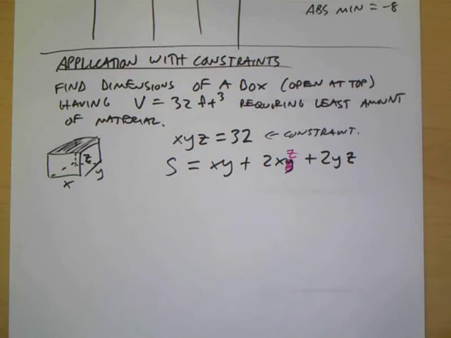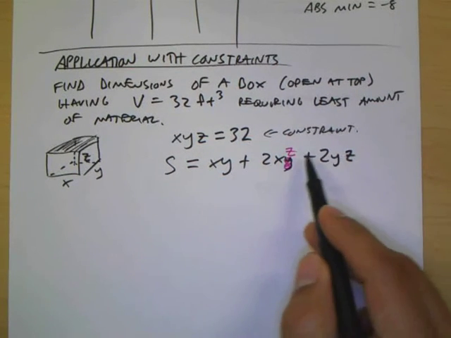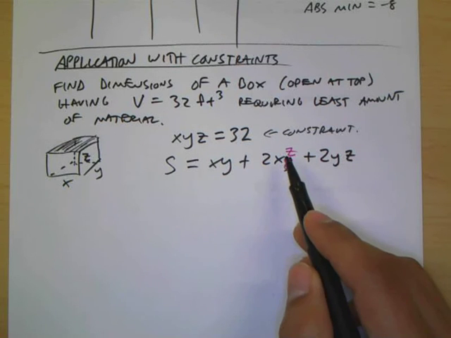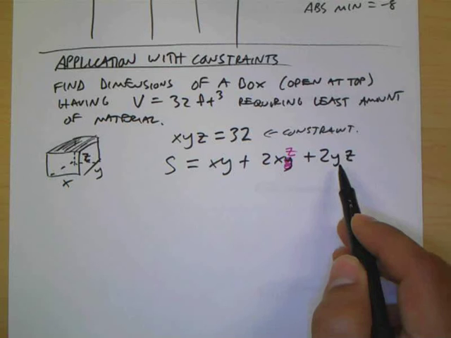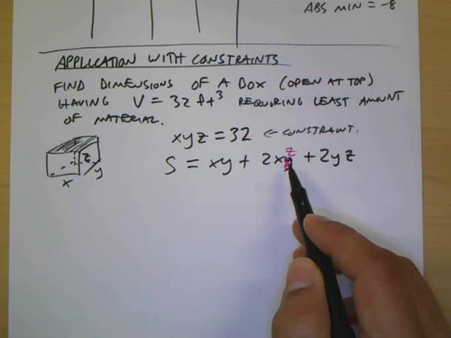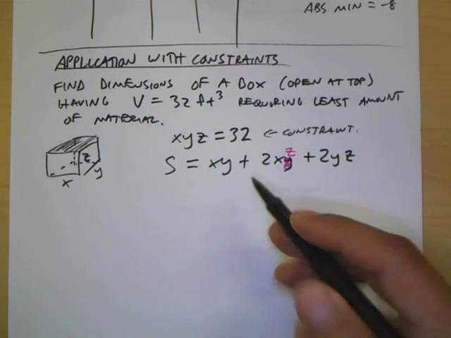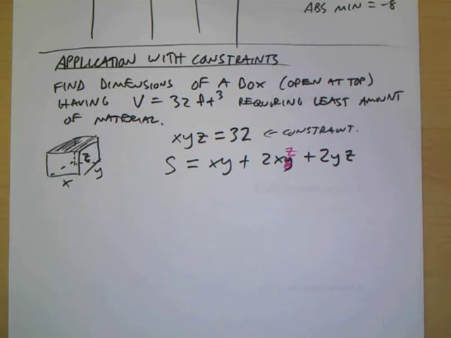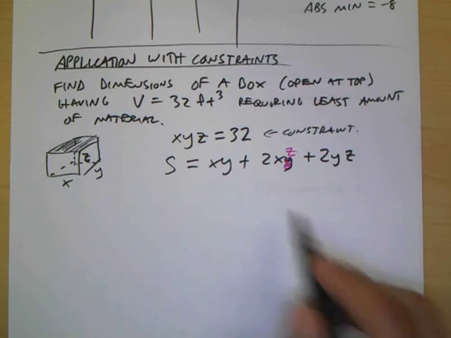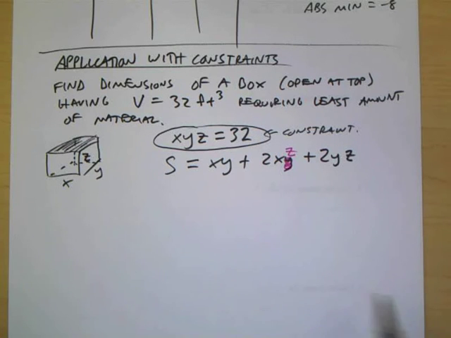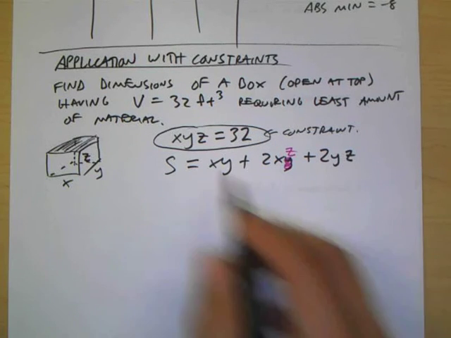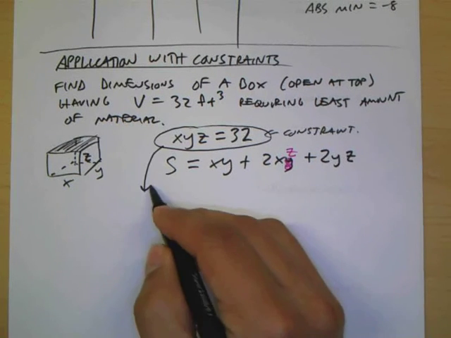Okay, so currently we don't have a way to maximize or minimize functions in how many variables is this? 3, right? If it were just two variables, we could do first partials test and be on our way, right? However, we do know this constraint here, that xyz has to be 32. So we could use that to our advantage.